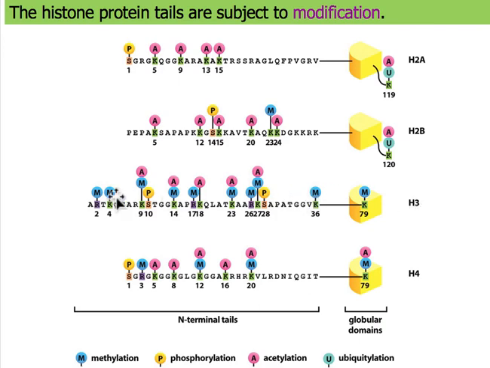H3 has even more locations than either of H2A or H2B in the way that it can be modified in various combinations. And H4 has a similar number of modifiable locations. Taken together, you can see that there is a wealth of modifiable locations and patterns of modification that can influence the behavior of the nucleosome core.